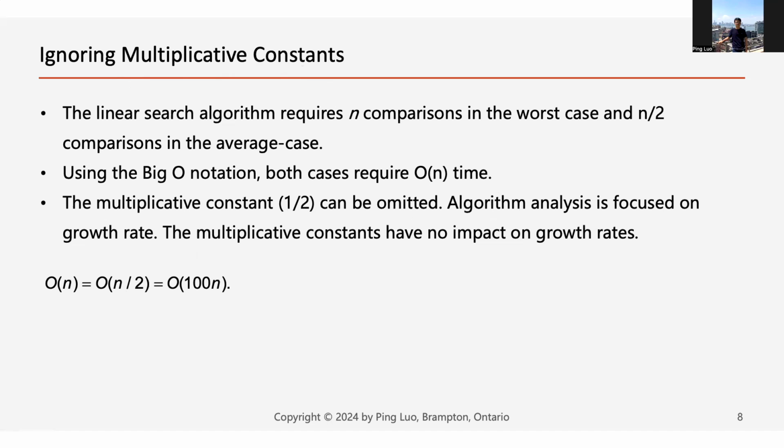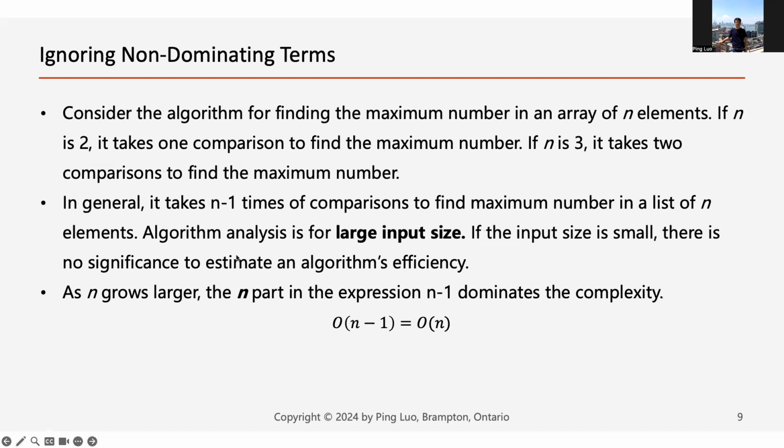When we use n, we mean a very large number, so if n is very large, dividing by 2 doesn't have much effect on the whole execution time. Also, for Big O, we usually want to know the order of magnitude, not the real number. So O(n), O(n/2) and O(100n) are all the same, just linear. And another thing is sometimes there are some extra operations.